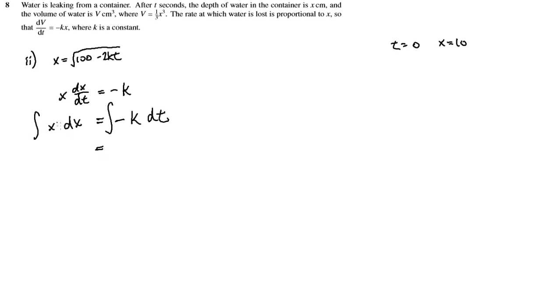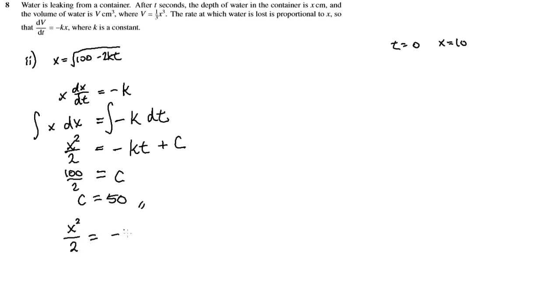So integrating x dx is just x squared over 2, and this is minus kt plus c, because there's a constant, and when t is 0, this term is 0, so c is equal to 10 squared over 2, which is 100 over 2, which is 50, and thus the expression is x squared over 2 equals minus kt plus 50.